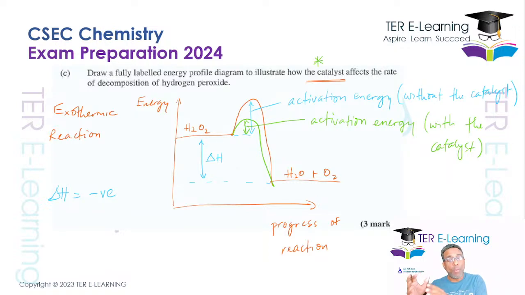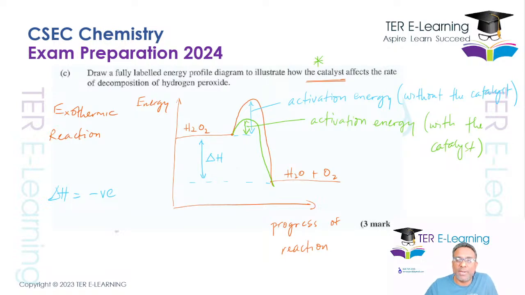If you form more bonds than you break, then the overall reaction is going to be exothermic. These questions come in the exam. You have to be able to explain why a reaction could be endothermic or exothermic, and it has to do with the number of bonds broken and formed. When you break bonds, you require energy, that's endothermic. When you form bonds, energy is released, that's exothermic, right?